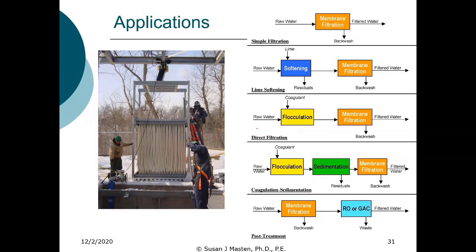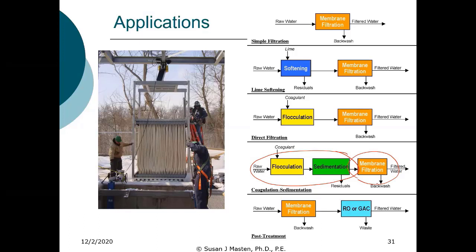So this is again used for pristine water supplies. If you have a large amount of sediment that's produced, that's going to clog the filter very quickly. In this case, this is essentially a conventional treatment plant, followed by membrane filtration for further treatment.